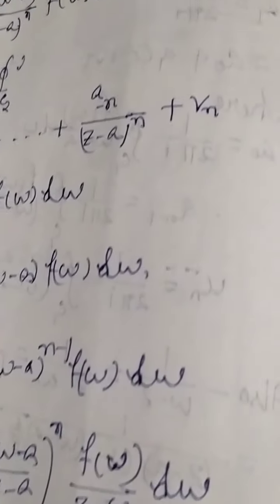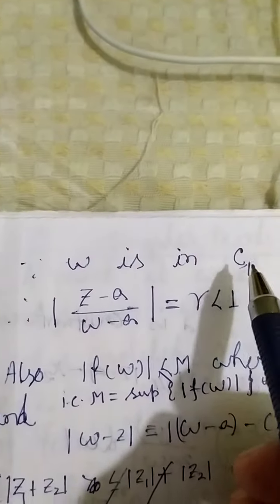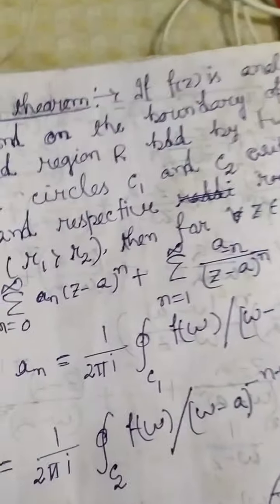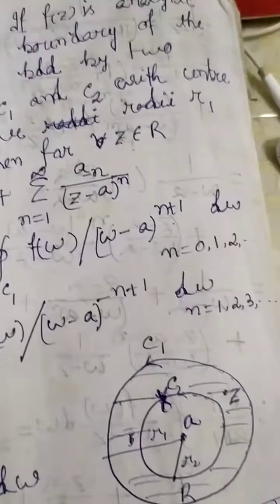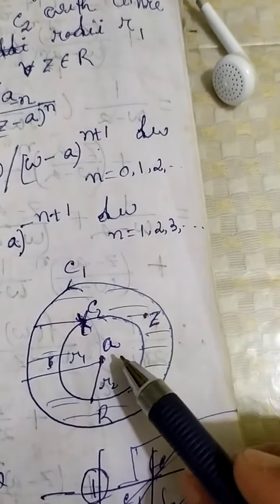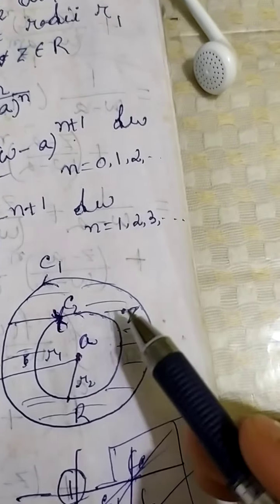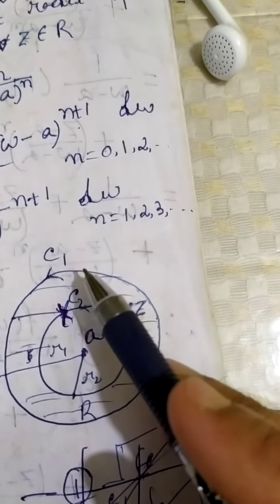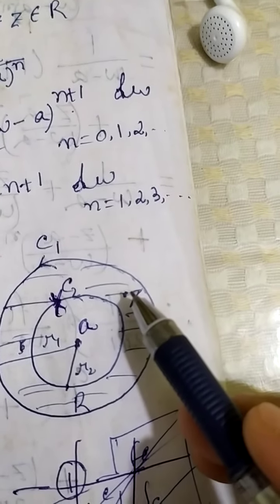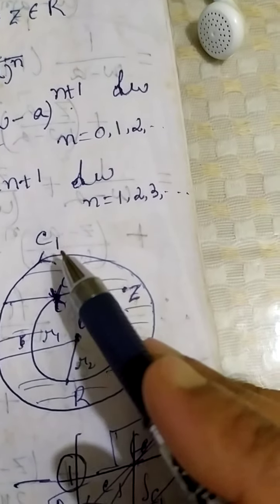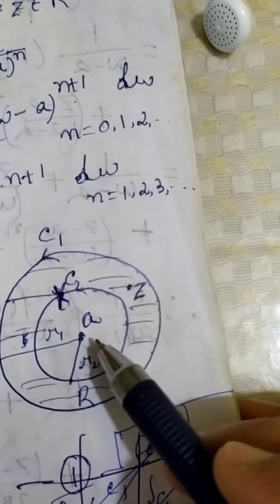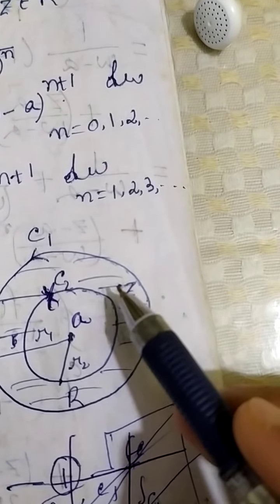Now w is on C1, that is the boundary. So obviously the distance between w and a is greater than the distance between z and a.